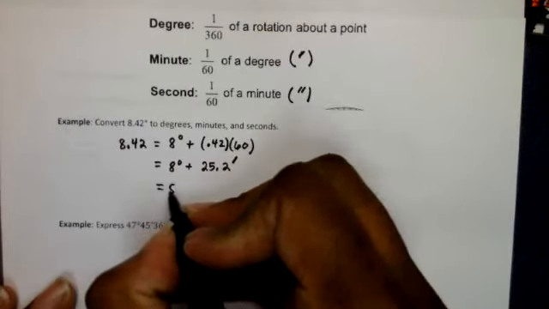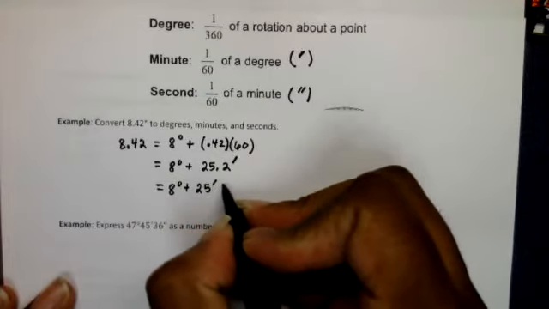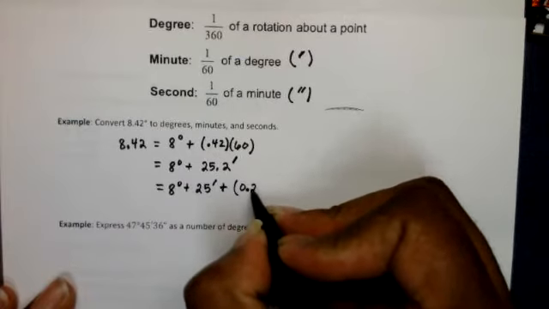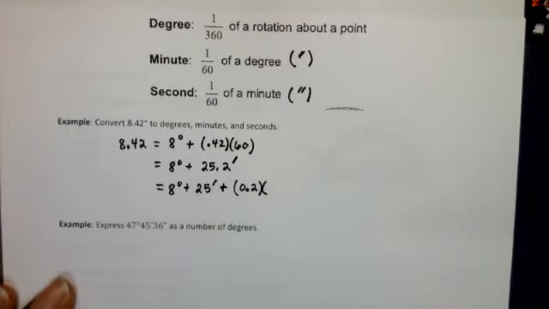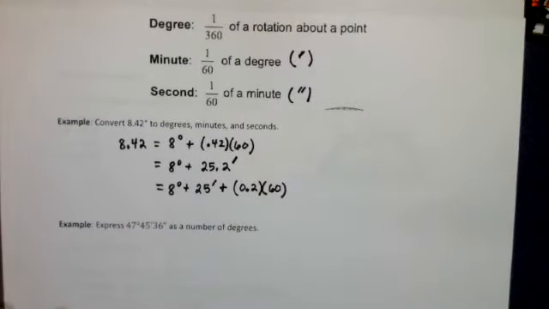So I have 8 degrees with the 25 minutes. That 0.2, that's the decimal part. I need to convert that to seconds. Well, 1 minute is 60 seconds, so I'm going to multiply 0.2 by 60. That would give me 12.